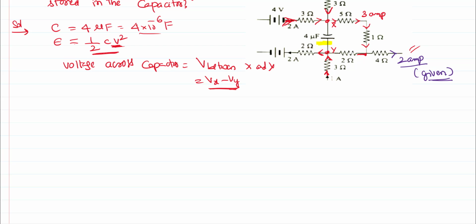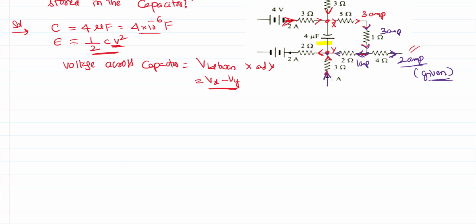So from here, 3 amperes is coming. After reaching this junction, 2 amperes will go this way, so the remaining 1 ampere will come this way. And here you can see there is one more ampere. So this 1 ampere and 1 ampere will join at this junction.